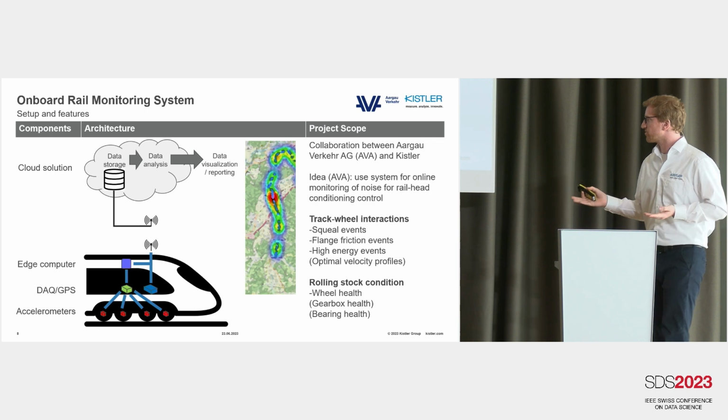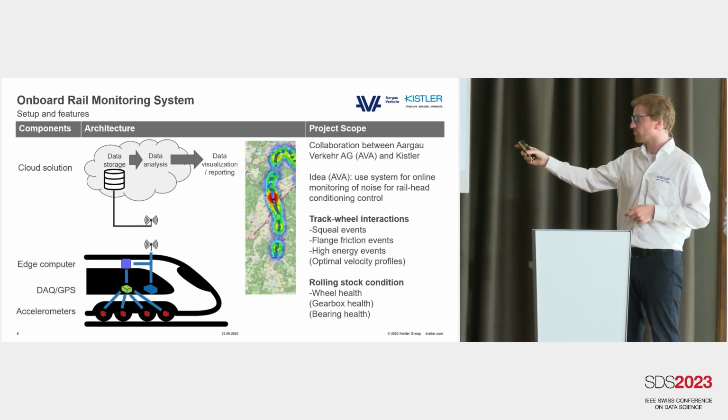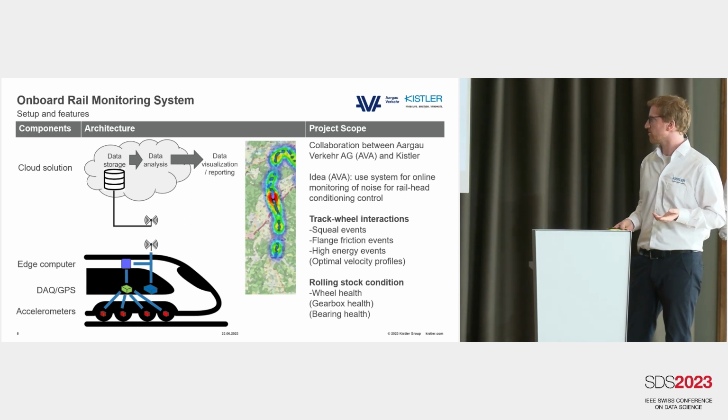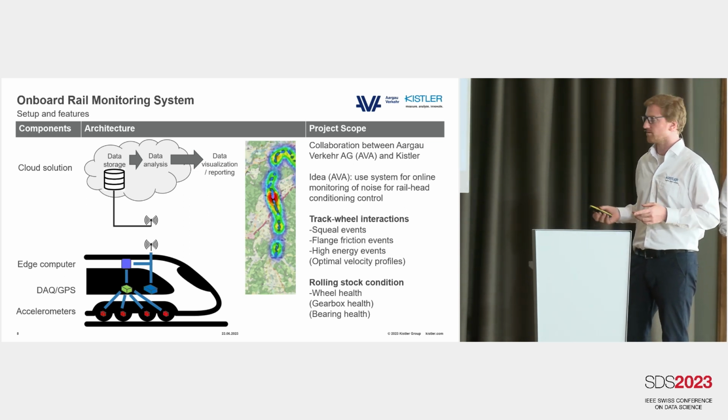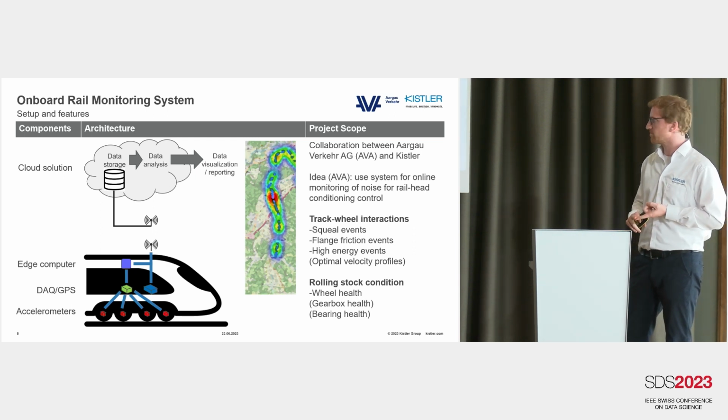Yeah, if we look at which system we have to investigate these things, it consists of accelerometers mounted to the bearings on the wheel set with a data acquisition system, as well as a GPS.